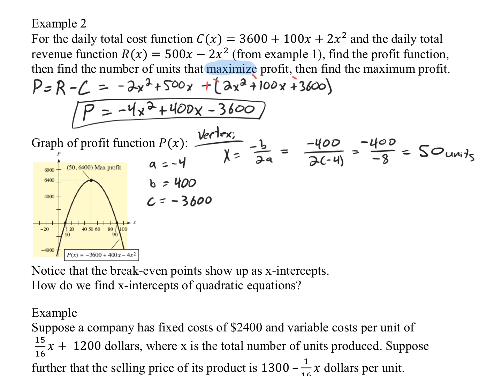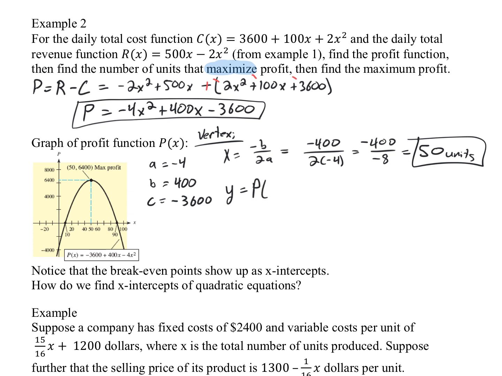Let me go back and reread what the question was asking me. It said, find the number of units that will maximize profit. I have a number of units on a vertex, so that's going to be the number of units that's going to maximize profit. After that, it asks me to then find the maximum profit. So the maximum profit is what you would get by plugging this back into the profit function. You could think about that as being the y value of your vertex, but in this case, that would just be equal to whatever p is.